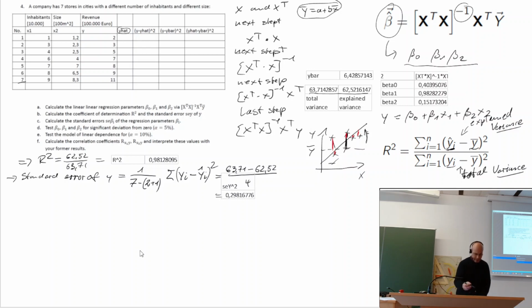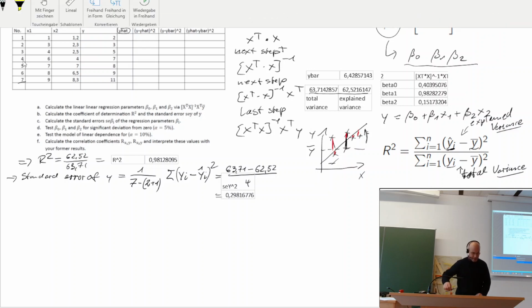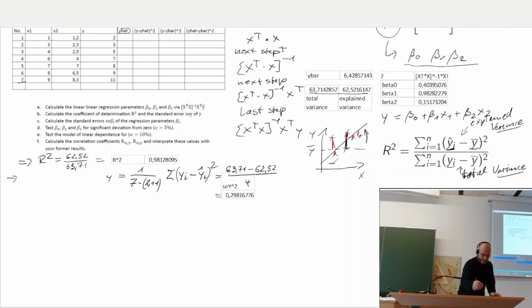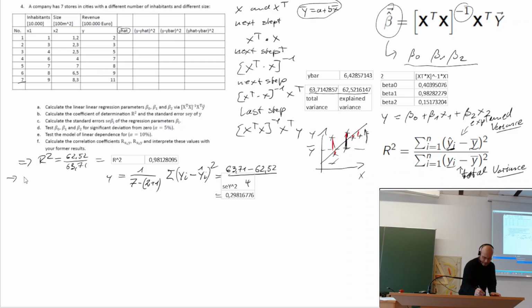This is not already the standard error. This is the variance, the unbiased variance, and then we obtain the standard error.